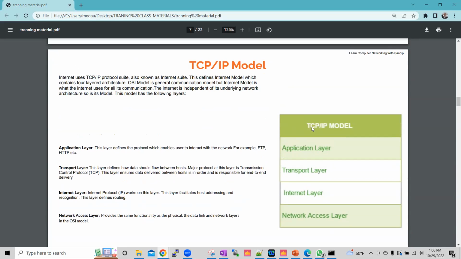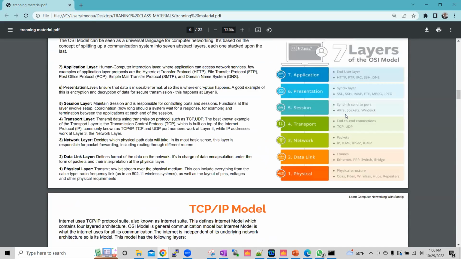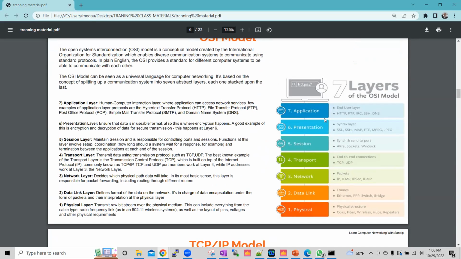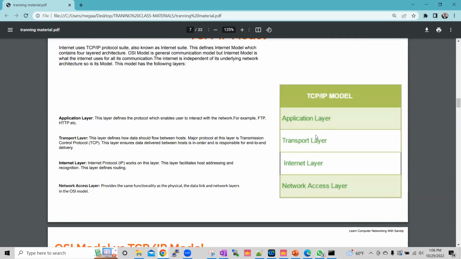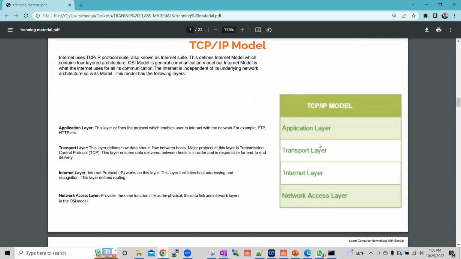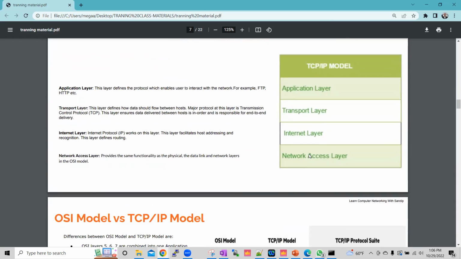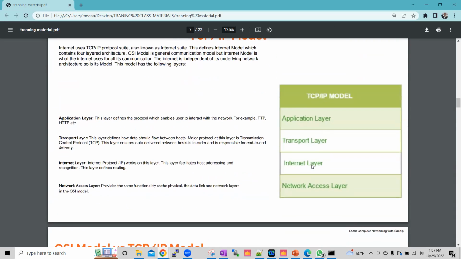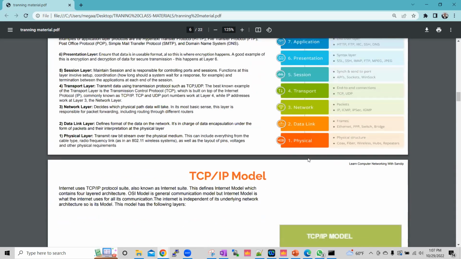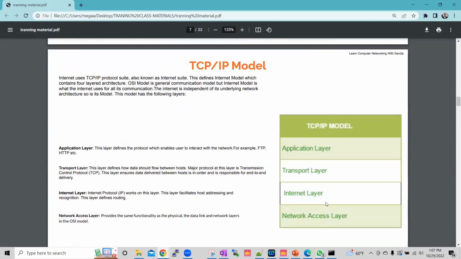If you look at it, layers 5, 6, 7 don't make much sense separately, but they condense them here. They make layers 1 and 2 as 1, layer 3 as 1, and layer 4 on its own. So they condense the 7 layers to make 4 layers.